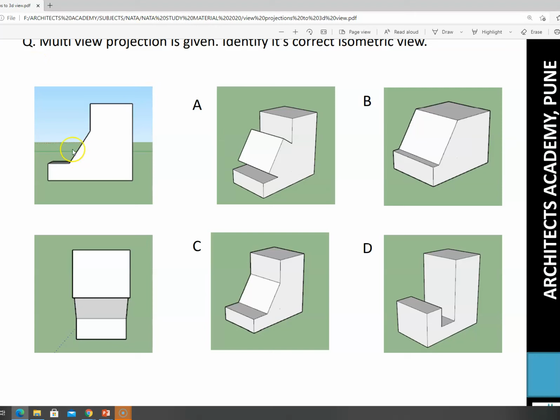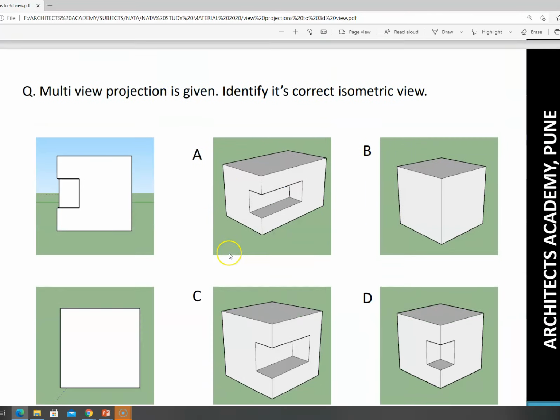Because you can see in elevation here, this is elevation, and in elevation what you can see is that there is a slant surface and there is nothing coming out here. So that's why it has to be like this. If there was some portion which was shown like this, then A would have been correct. Perfect. So C is right.